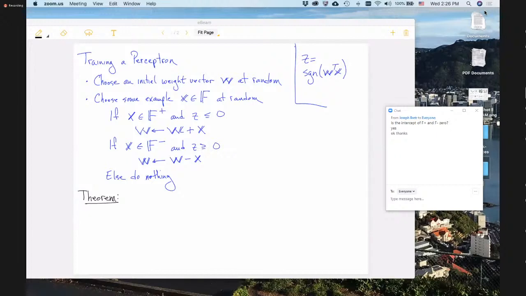The theorem goes like this. Let F be a set of unit length vectors.